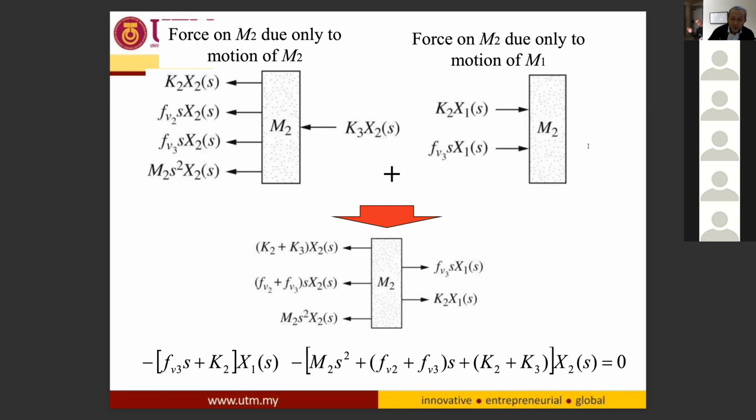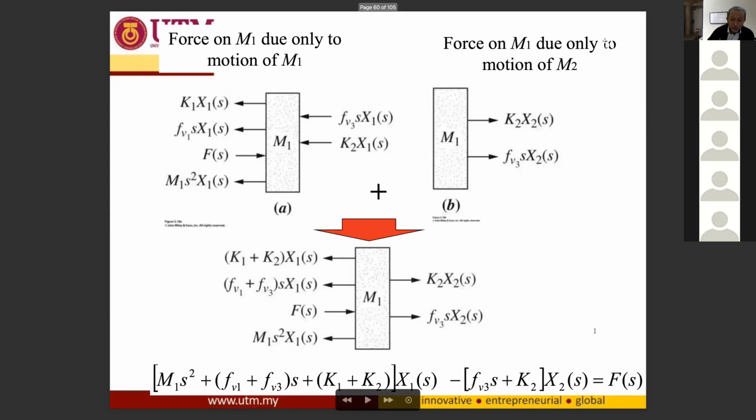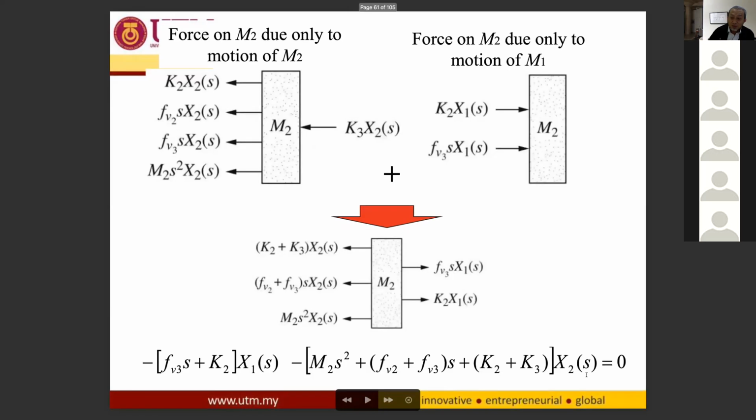Once you get this, you have X1 and X2, and the previous X1 and X2, so you can create the matrices. I don't show it here, but it's written in the book chapter, you can refer to it.